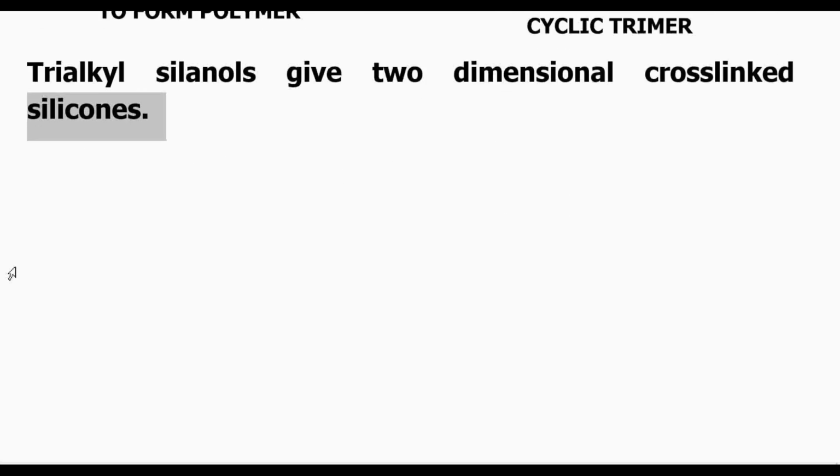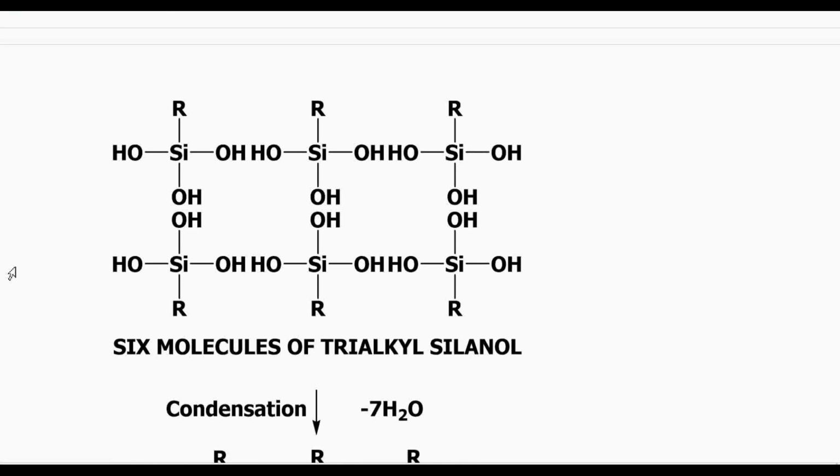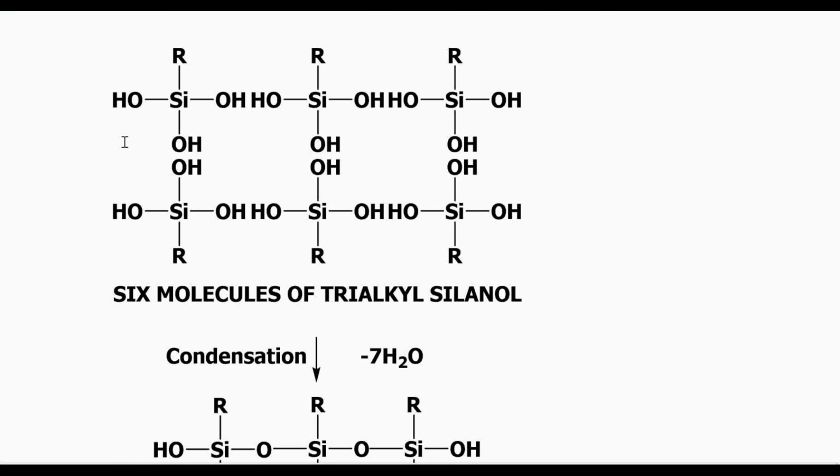Let us see how it can give. So this time, in order to show cross-linking and 2 dimensions, I have taken 6 molecules of trialkyl silanol. Just take a look at one molecule. This is your one molecule. There are 3 OH groups on each of the molecule, and then there is R. The 4th position is occupied by R.